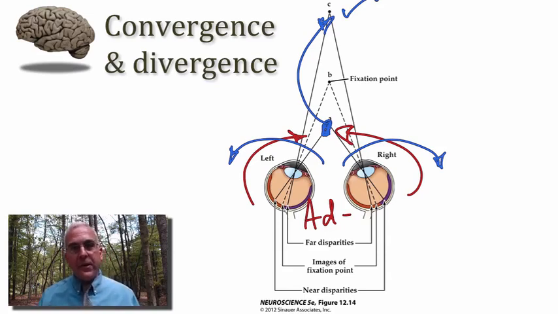So you can imagine that there is likely to be a different kind of circuitry involved with different kinds of internuclear connections that allow for the coordination of the activation of the medial rectus and lateral rectus muscles as we go from a near target to a far target.